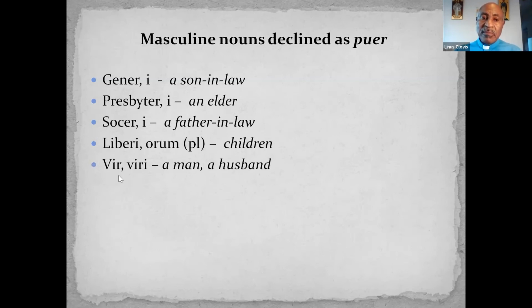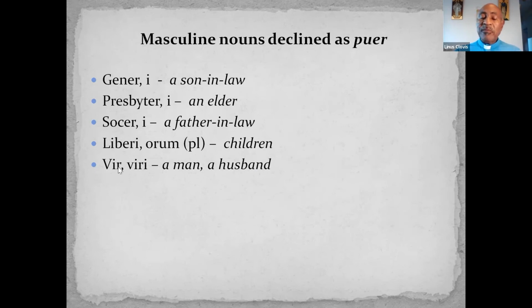Vir and viri. So again, it's a man or a husband. Now vir is one vowel, so it's one syllable, vir. And the US is again what is missing.